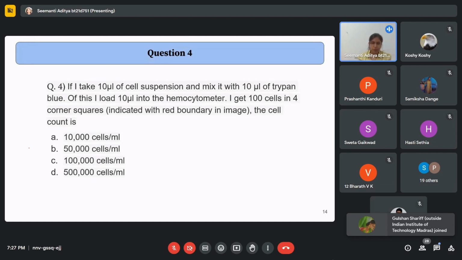Okay, so I will help you with the formula. What is the formula for counting?